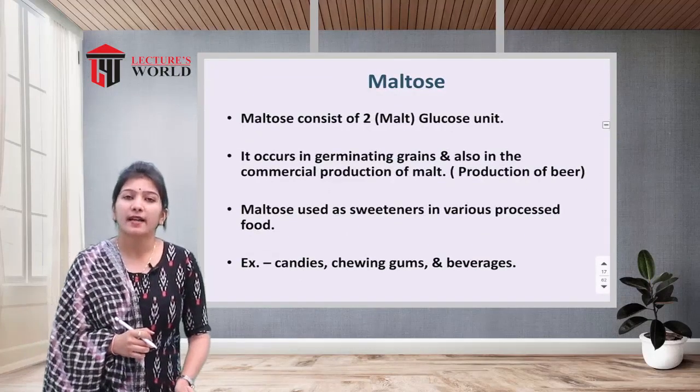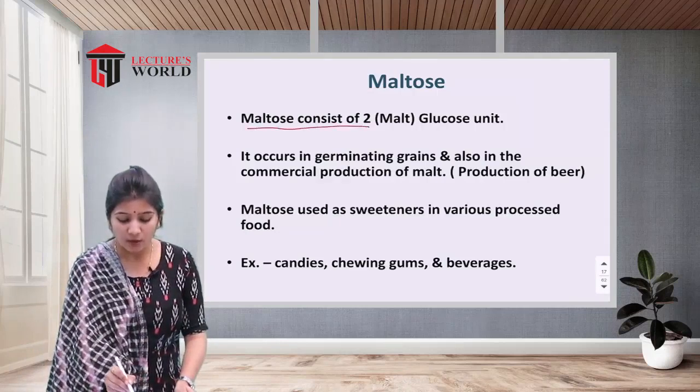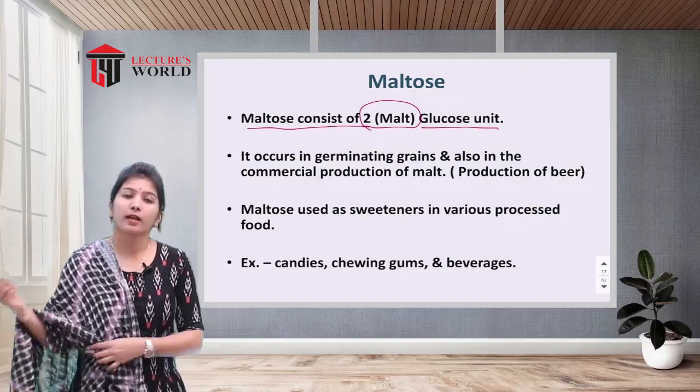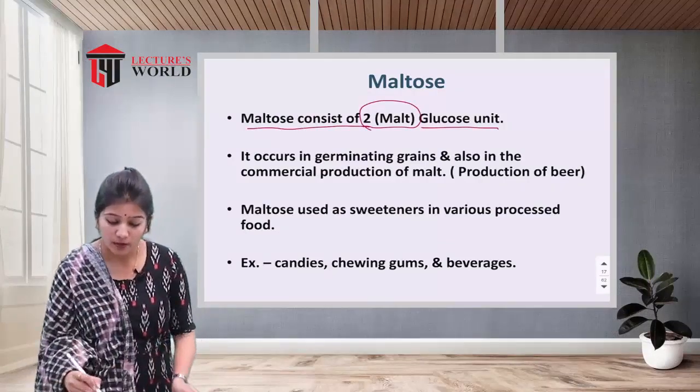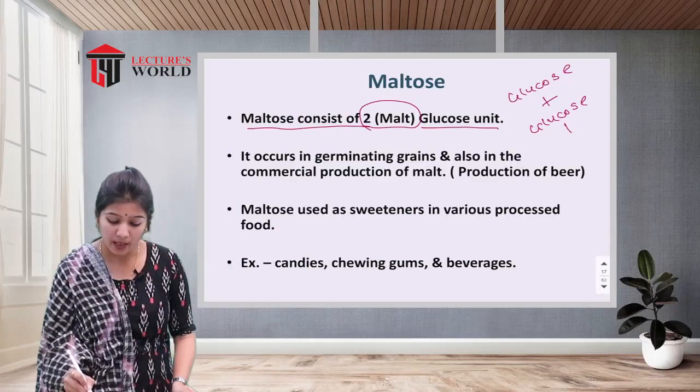Next disaccharide is maltose. So maltose consists of two malts, that is glucose units. Malt means what? Glucose unit. So one unit of glucose and a second unit of glucose are making maltose.